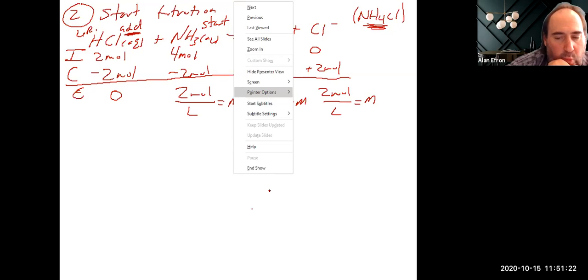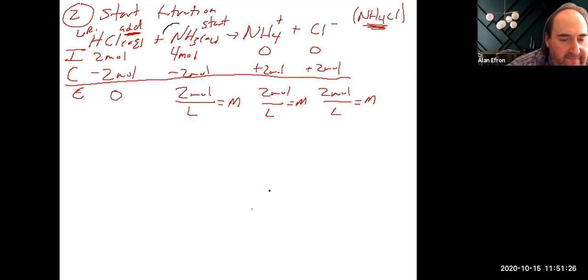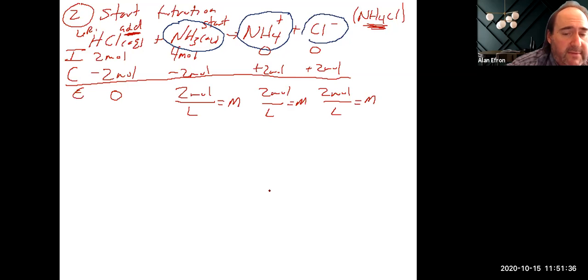Now we really want to think about what we have left at this point and what is going to perhaps affect the pH. We have NH3 left over, as we can see from our table. We have NH4 plus left over, and we have Cl minus left over. So let us first look at Cl minus.